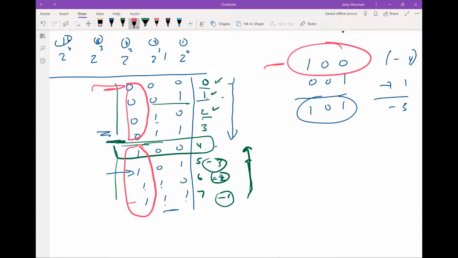And in general, we could do the arithmetic over here. How many sequences do we have? We have 2 to the 3 sequences, because I have 2 options here, 2 here, and 2 here. So that's 8. But half of them are going to be used for non-negative numbers.